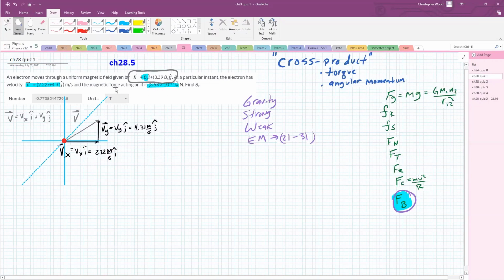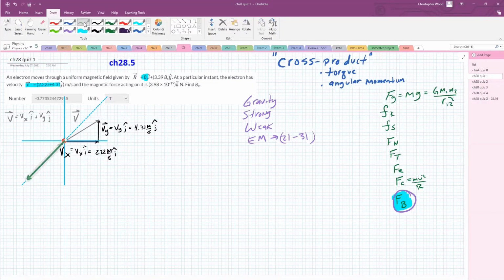So it says, here's the magnetic force, 3.98 times 10 to the negative 19th in the k hat. So here's my magnetic force right here. It's in the plus k hat direction. So here's plus k. So this force, this is F, which stands for force.